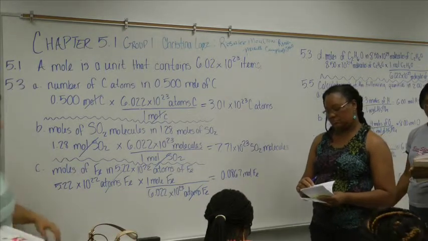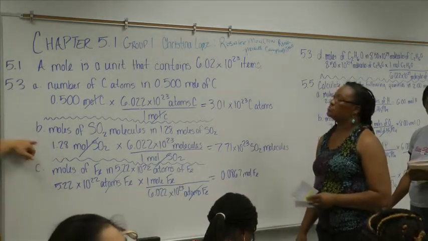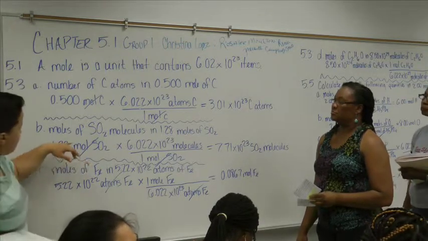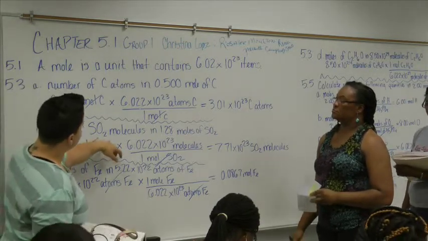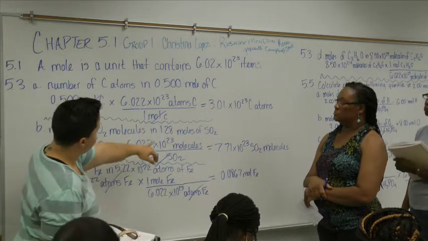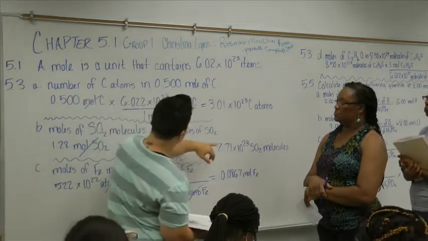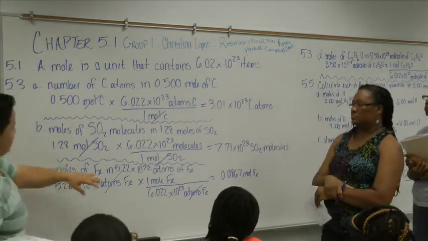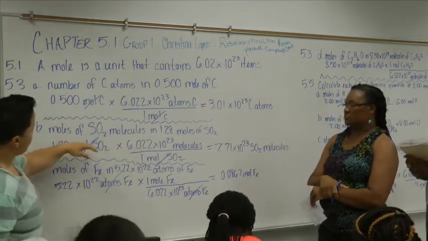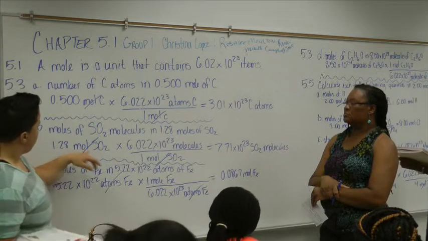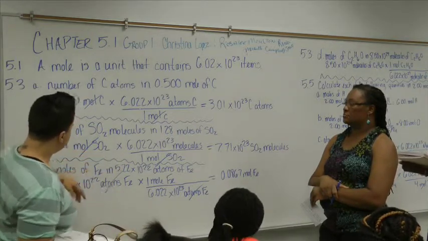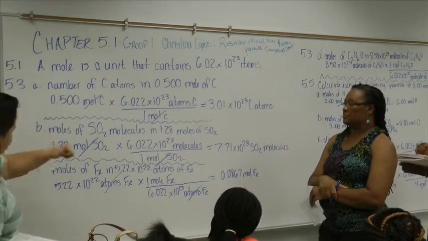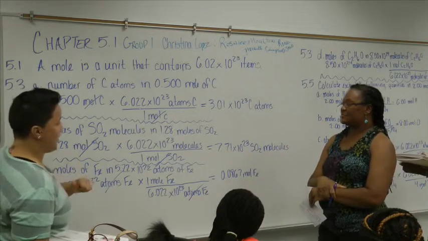Go ahead, Chris. Okay, so the next one that we have to calculate is the number of molecules in 1.28 moles of SO2, sulfur dioxide. So again, we have to do a conversion factor, of course, Avogadro's number, and then we are given the 1.28 moles of sulfur dioxide.